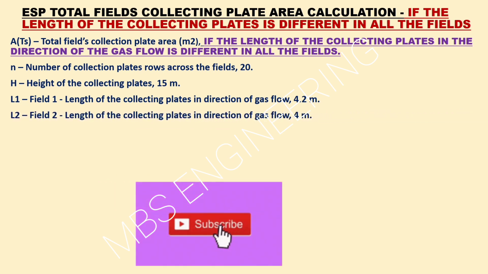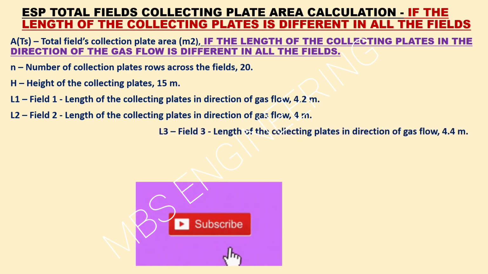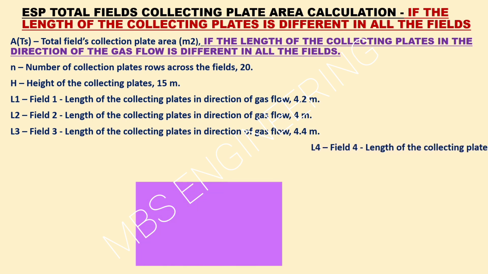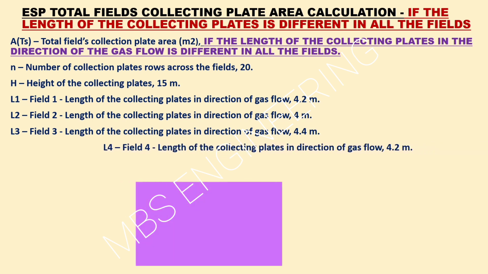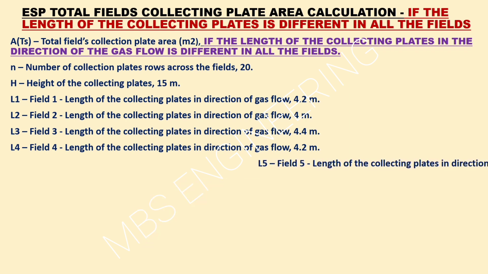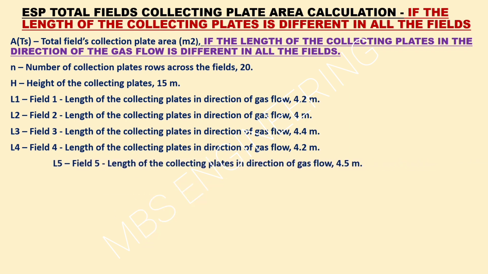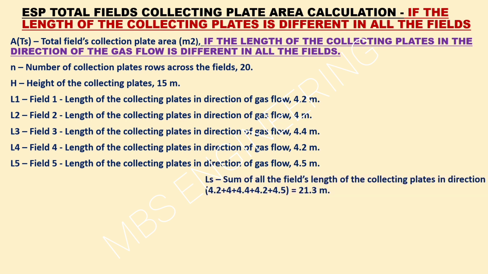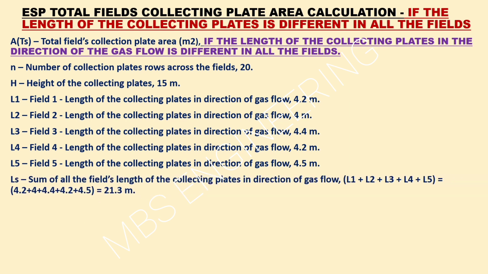L2, field 2, is 4 meters. L3, field 3, is 4.4 meters. L4, field 4, is 4.2 meters. L5, field 5, is 4.5 meters.